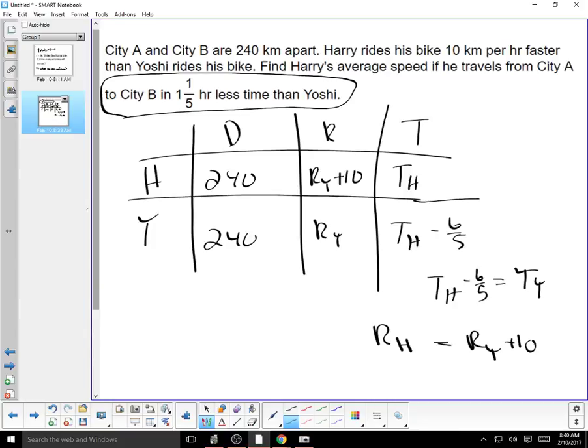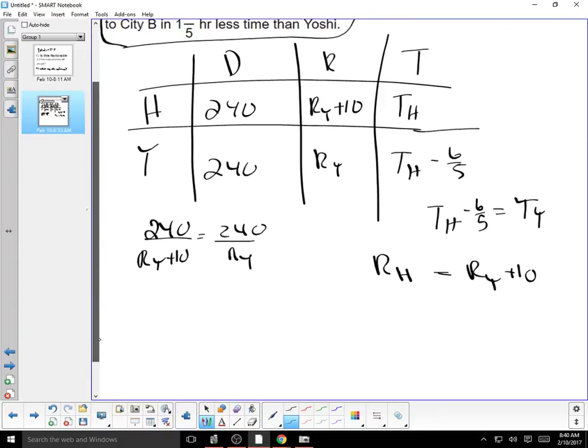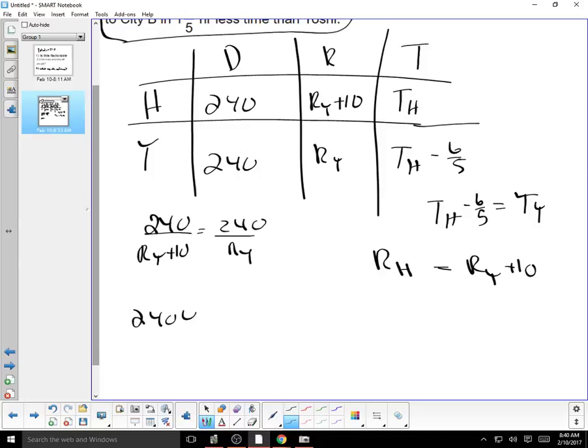So if I did 240 over y plus 10 is equal to 240 over ry. Then I'm going to change that ry, it is kind of nasty. I'll just call it y for Yoshi. So 240y plus, what's 240 times 10? 2400?